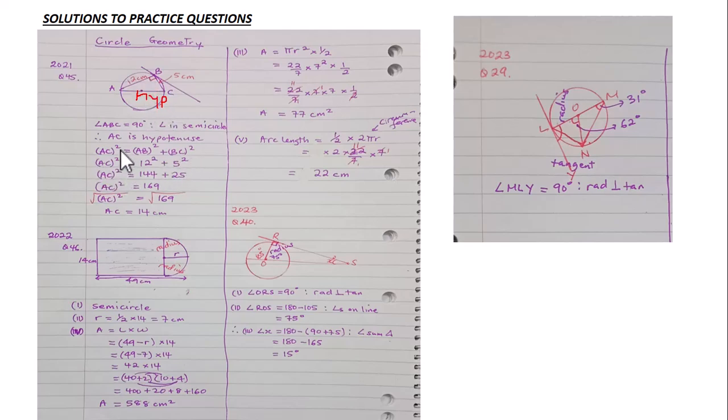So AC squared is equal to 12 squared plus 5 squared. And 12 squared is 12 times 12, which is 144. 5 squared is 25. And when we add them up, we get 169. And the square root of 169 is 13, not 14. 13 cm.